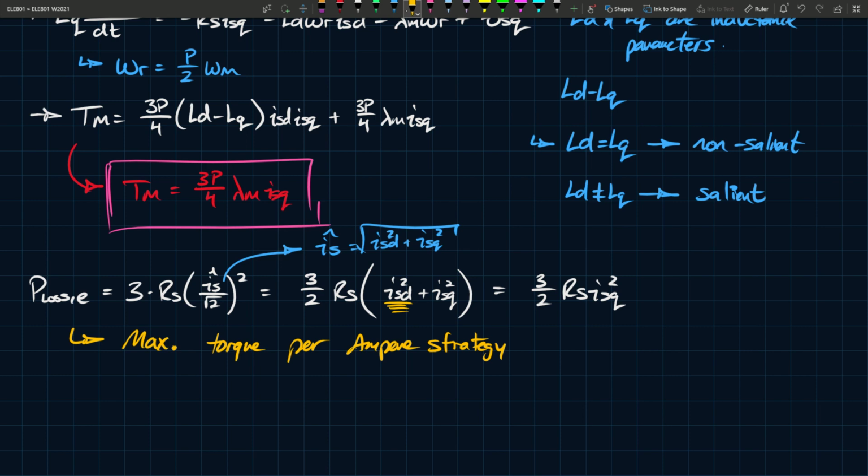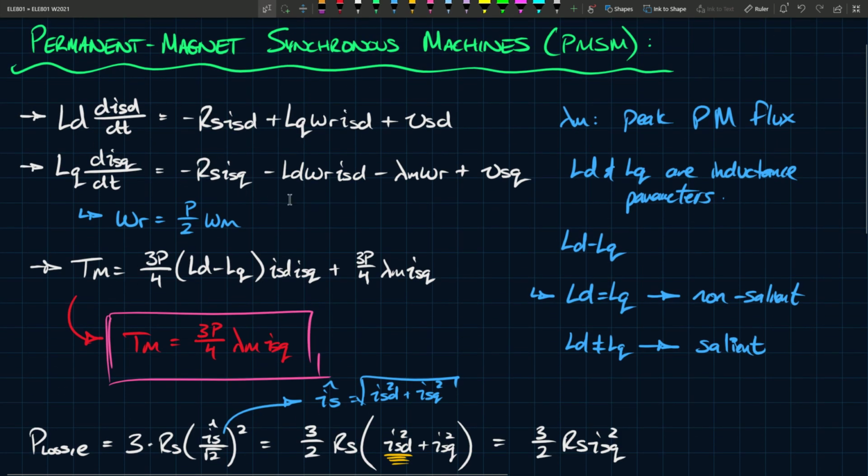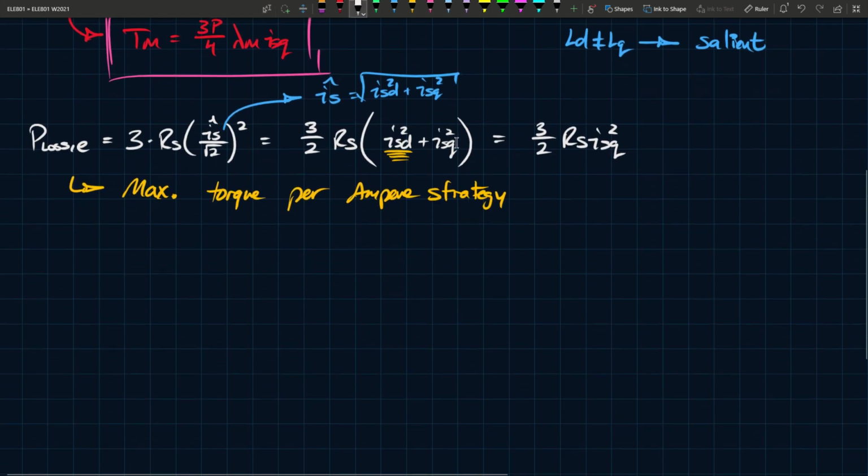I mean, it has a use in some cases, but for the narrative that we're walking through here, it doesn't. So the differential equations we have here can give us steady state equations. If we set these derivative terms to 0 and write everything in terms of VSD and VSQ, we have VSD equal to RS ISD minus LQ omega R ISQ.